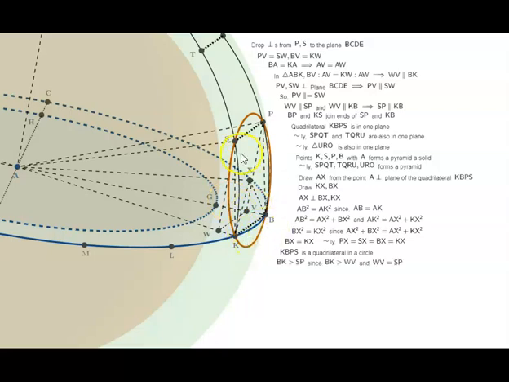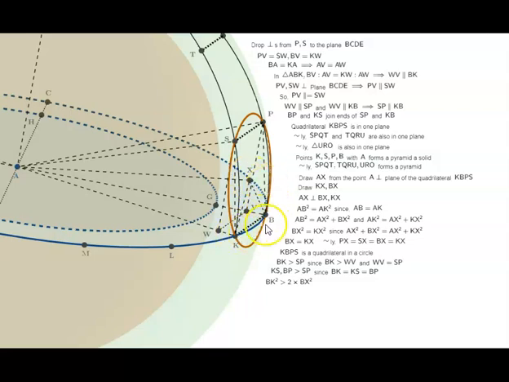BK is greater than SP. Since BK is greater than WV and WV is equal to SP. And since BK is equal to KS is equal to BP, that means KS and BP are also greater than SP. BK square is greater than 2 times BX square. Why?